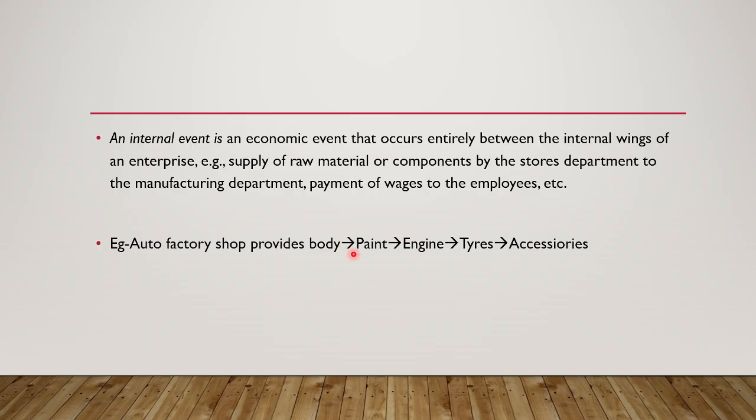These are all internal events. Once work is done at the body shop, we do the paint in our own factory, again we put the engine, the tires and the accessories in our own factory, and the end result is the Thar. We are doing all the work ourselves, so these are all called internal events.